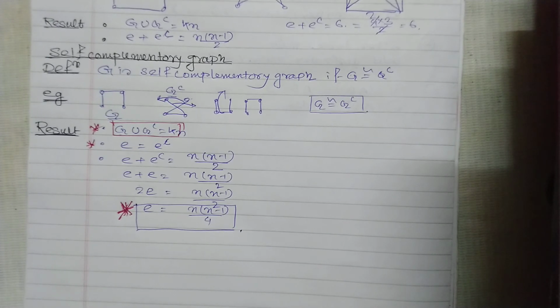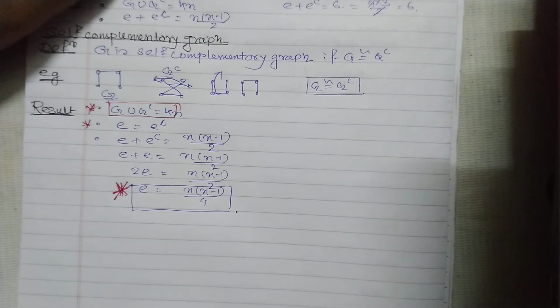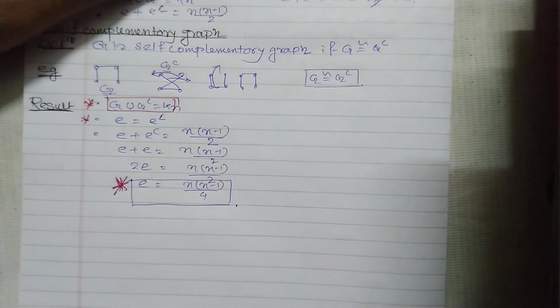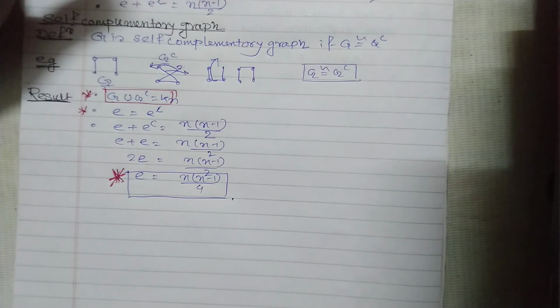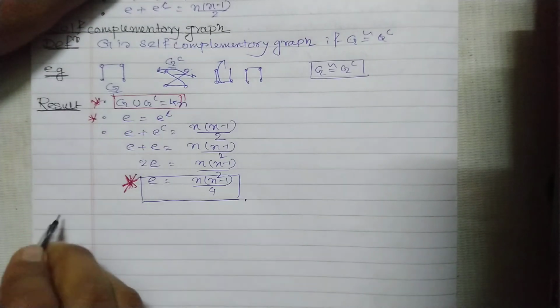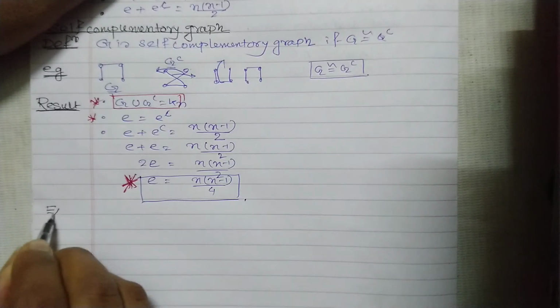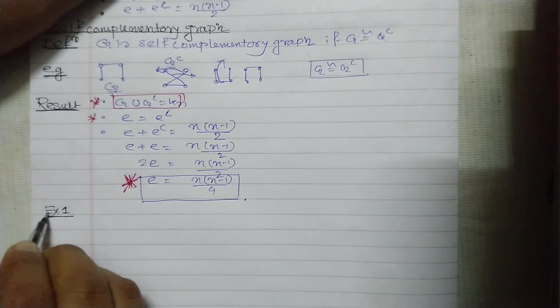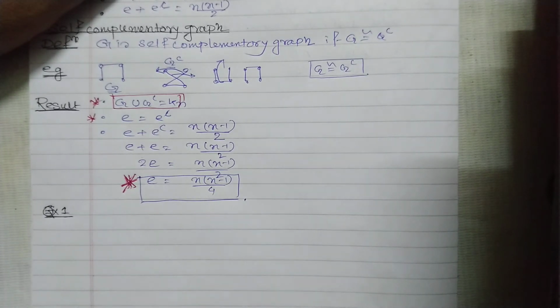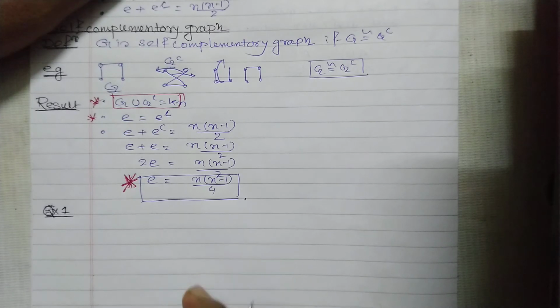Great. Now I will give you one question. You can pause the video, solve it on your own and then verify the answer. This is a direct GATE question. I don't remember in which year it came.